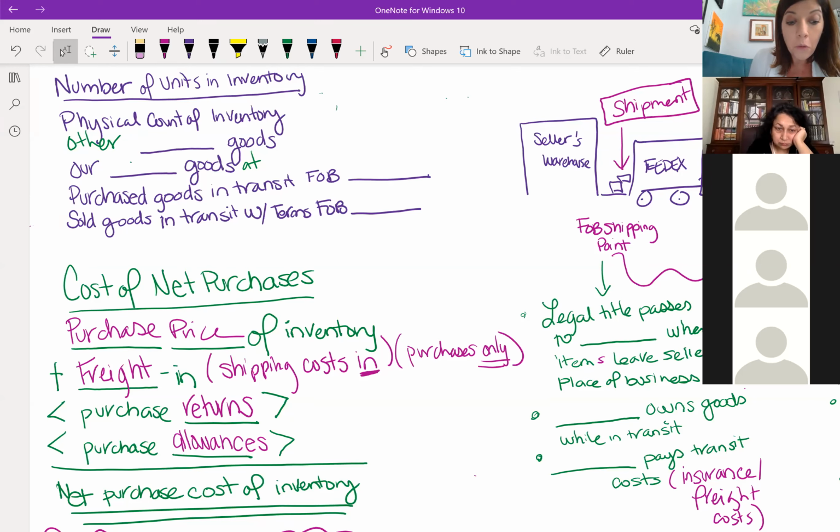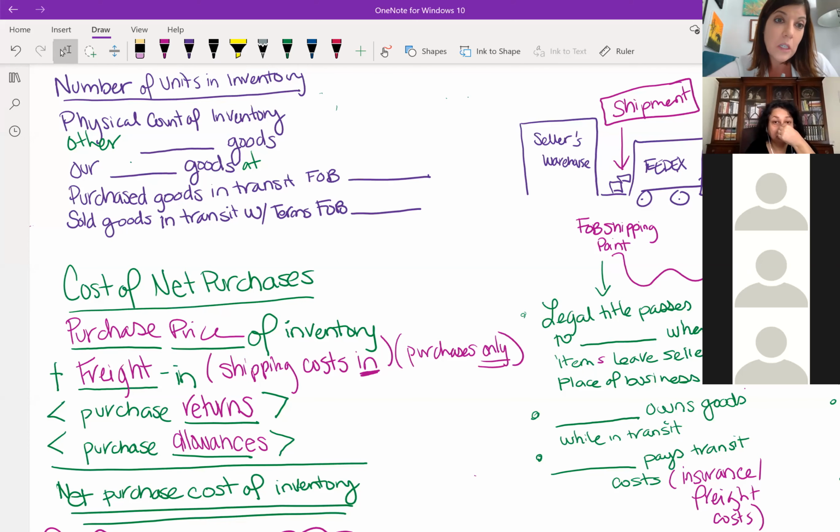So if you've ever worked in retail before, you may have had that lovely experience of being present during an inventory count. And if you're even luckier, you've had the experience of having auditors there during an inventory count, where we do test counts and we sometimes make you recount things.